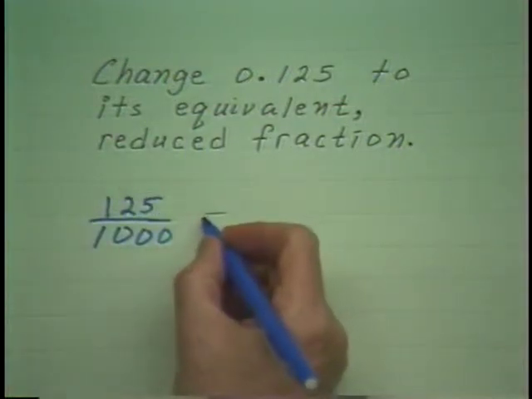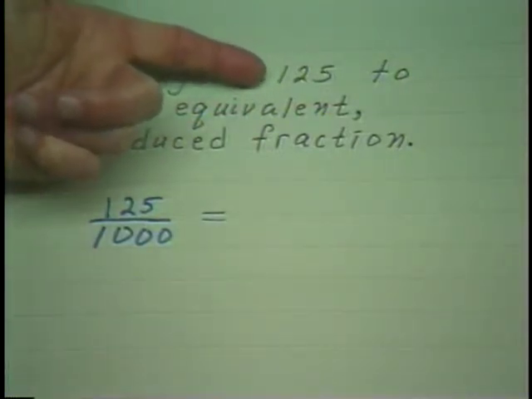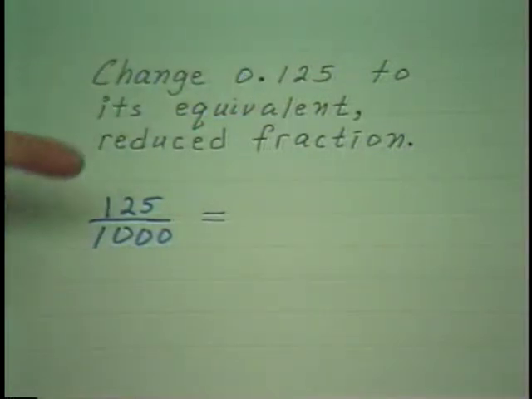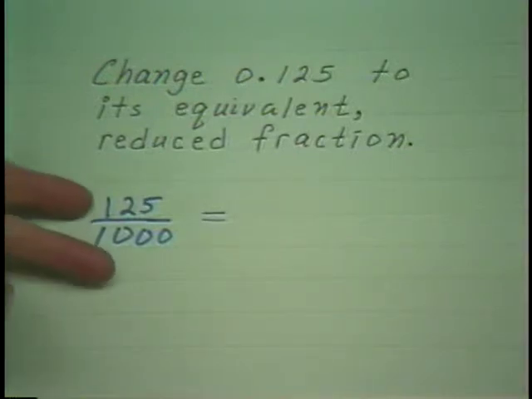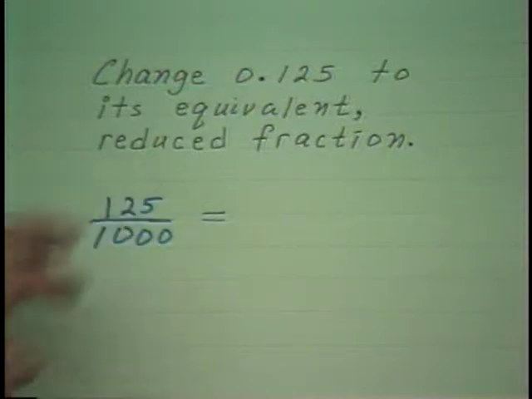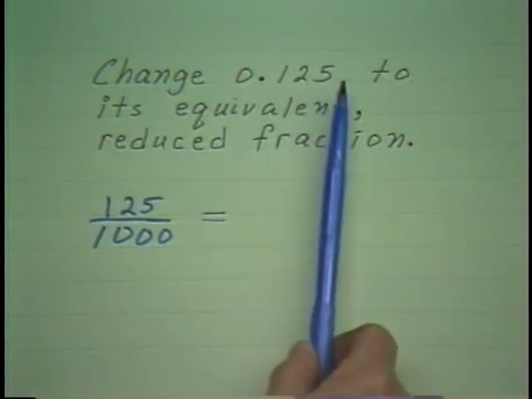It's just that simple. That's why we had the previous two lessons, was to review our ability to know and say what a decimal is, and that gives us the ability to write it as a fraction automatically. Then reduce, and we can see that this will divide by 5. It turns out in decimals, very frequently you'll get a decimal that ends in 25 or 75.